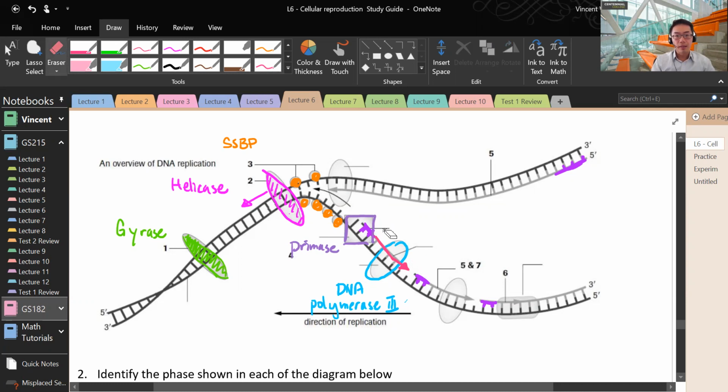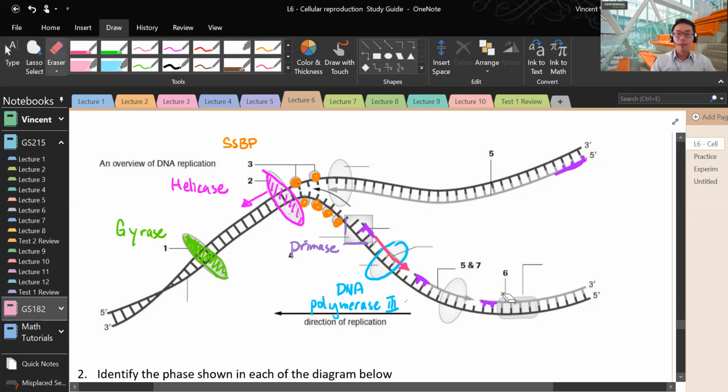Oh, sorry. I think there is something wrong with the diagram here. Let me just take a moment and make sure. Yep. Okay, this is the 5 prime end, and then this is the... Oh, hold on. 5 to 3. Oh, okay. I understand why it's confusing here.